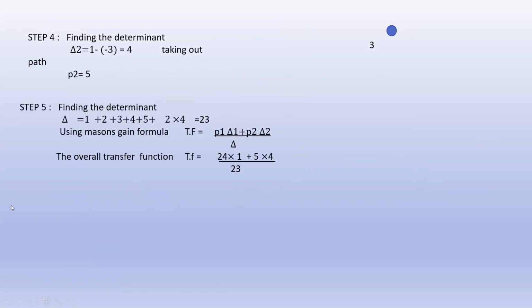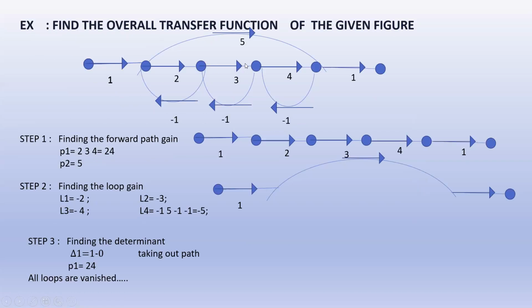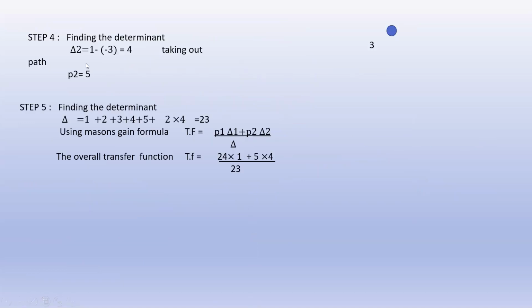The isolated determinant is 1 minus the sum of isolated loops. So we have only one isolated loop of gain minus 3 over here, that is the L2 loop. So if we substitute this, we have the isolated determinant from path 2 as 4. And using this we can find out these isolated determinants.